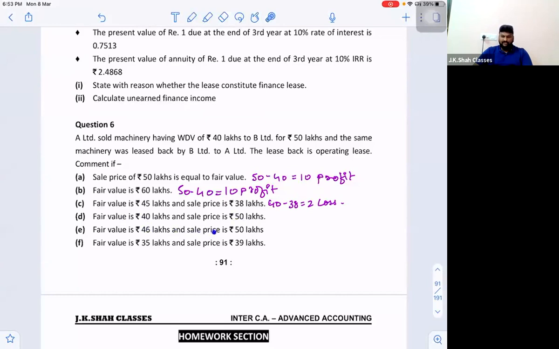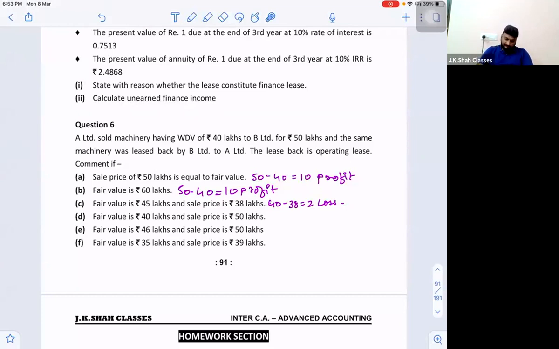So amortization will now come, right? And the fair value is also equal to WDV of 40 lakhs only. So WDV and fair value both are same. So technically the entire profit of 10 lakh shall be amortized, because the entire 10 lakh is greater than fair value.